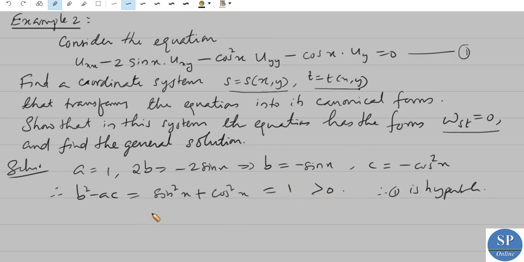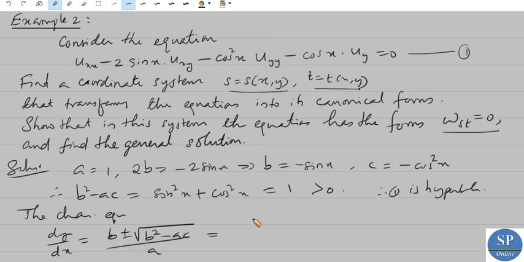Now the characteristic equations are given by dy/dx equal to (b plus or minus square root of b² minus ac) divided by a. b is minus sin x, plus or minus square root of b² minus ac, which is 1, divided by a, which is 1, so which is minus sin x plus or minus 1.